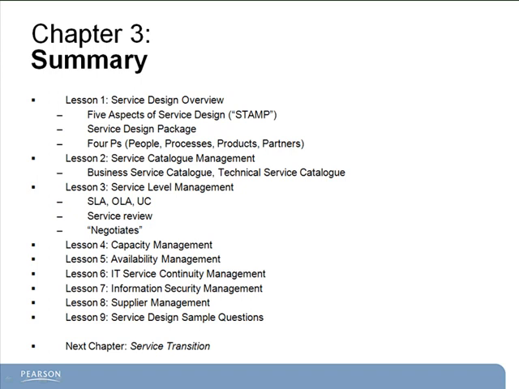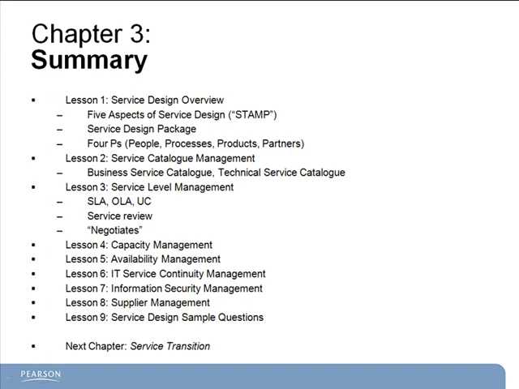We also learned that security management writes the information security policy, which contains an access control policy section. That access control policy will be carried out in the access management process in service operation.